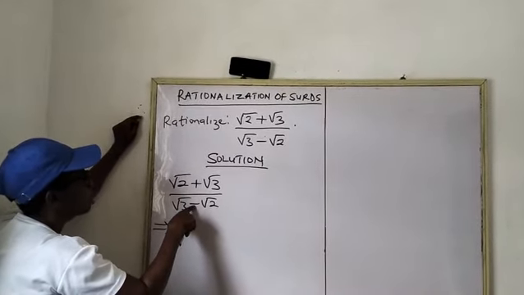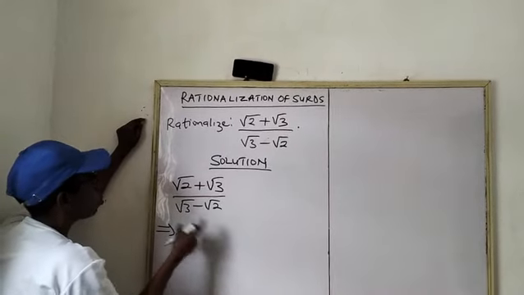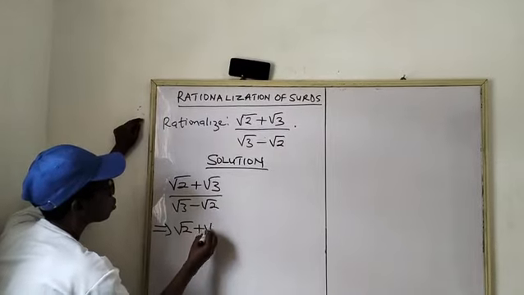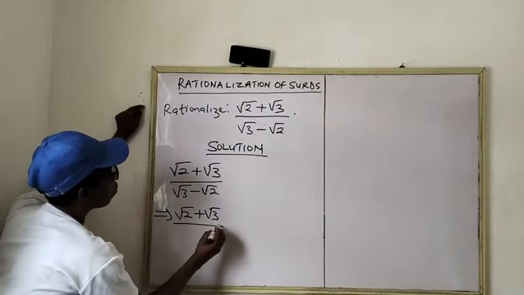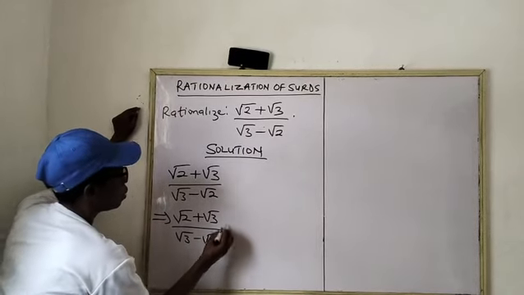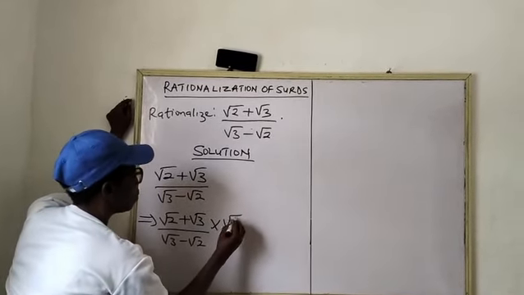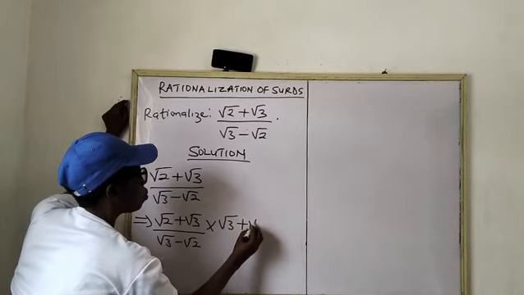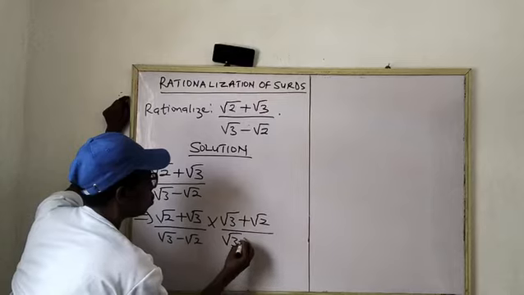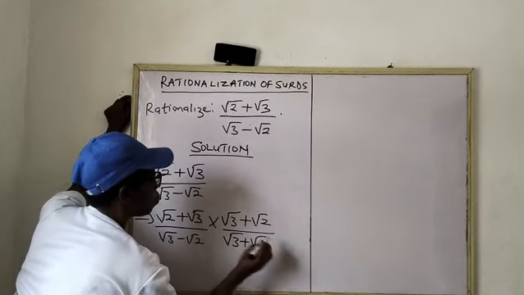We are just going to change the sign in between these two roots. So we have root 2 plus root 3 over root 3 minus root 2, times root 3 plus root 2 over root 3 plus root 2.